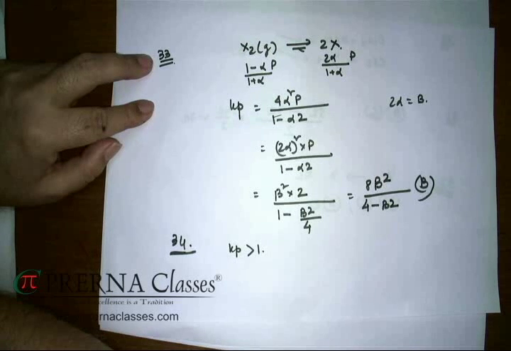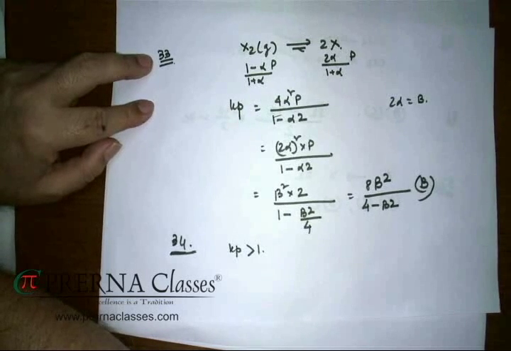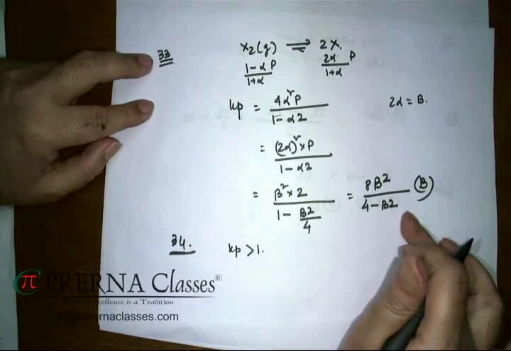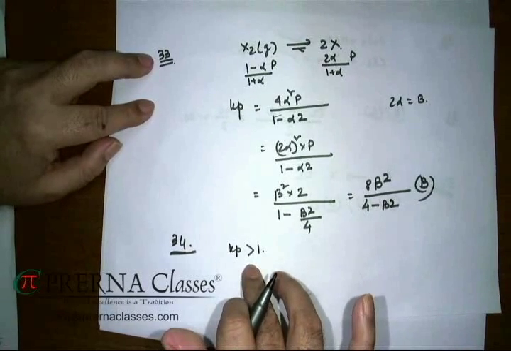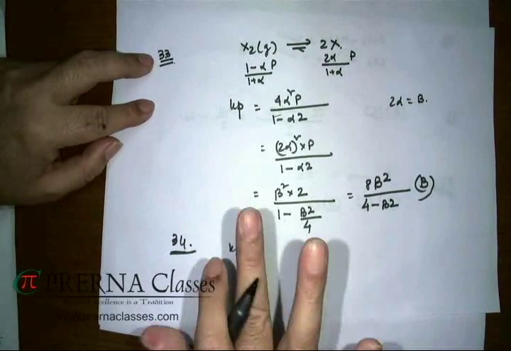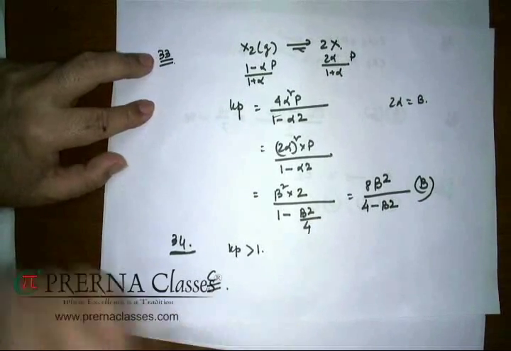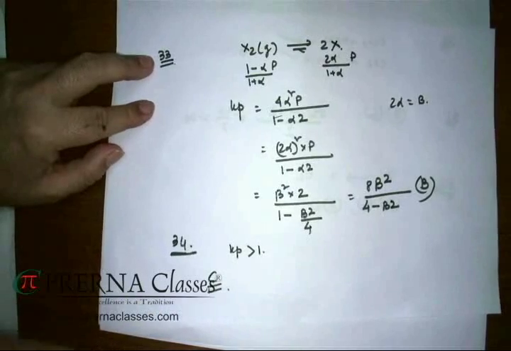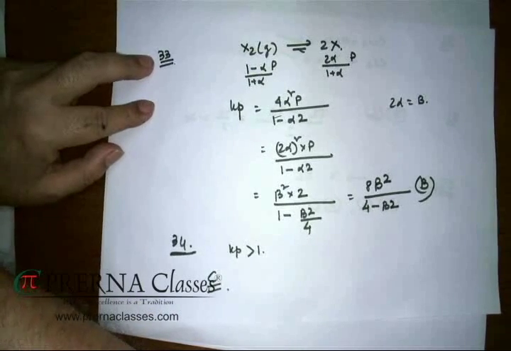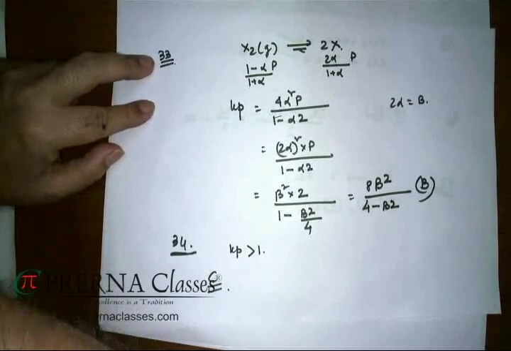Now, if delta G is greater than 0, that indicates Kp should be less than 1. But if it is 0.7, then it is coming more than 1, which is contradicting the fact. So, C is the incorrect answer. He has asked me to find out the incorrect answer.